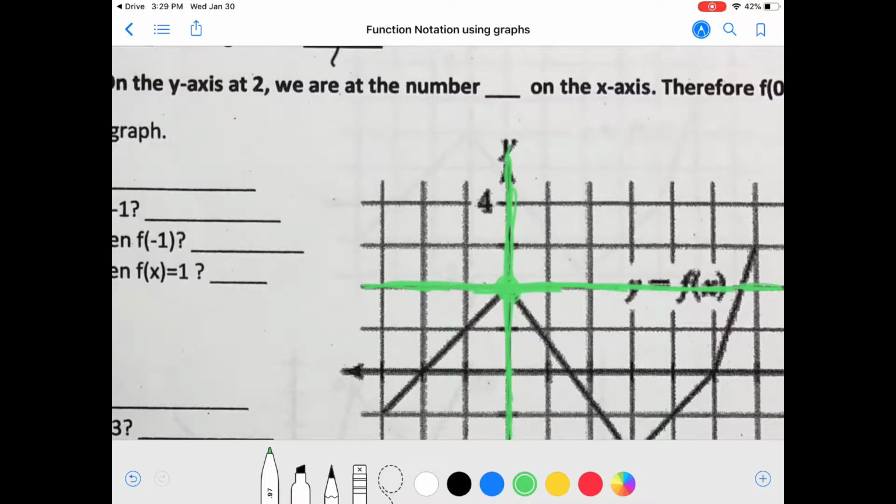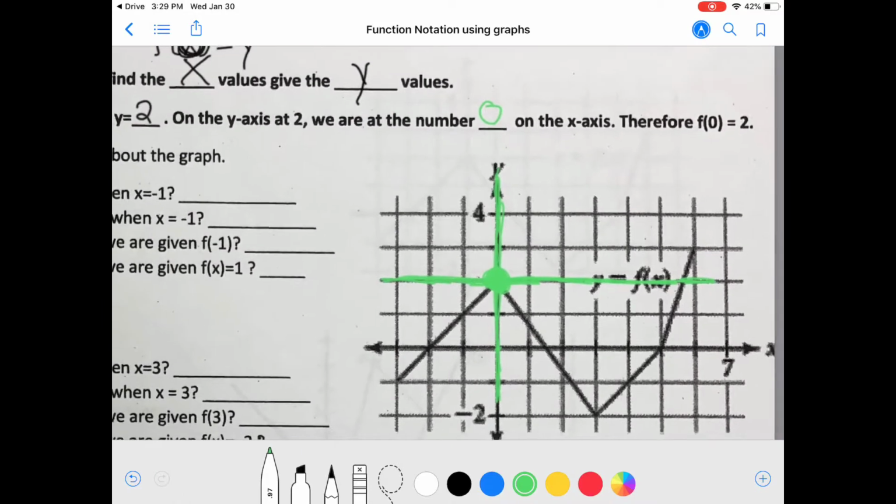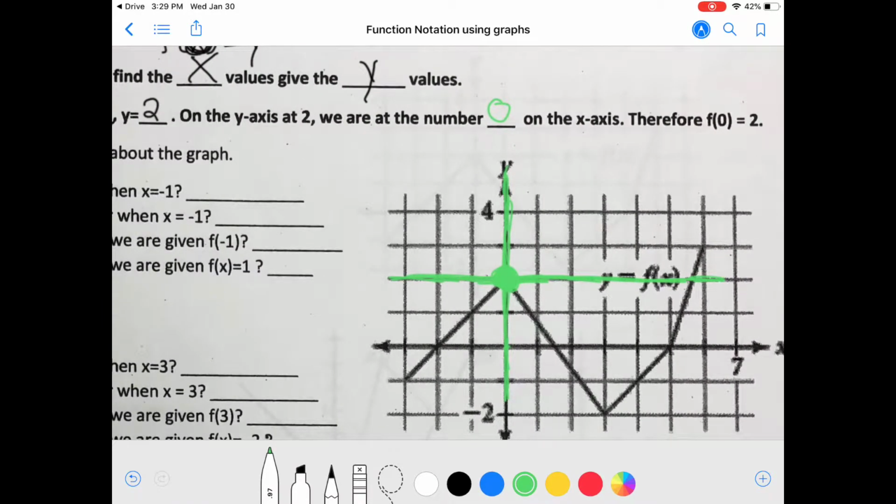It's right here. That's the only time that it crosses it, besides over here, but we're not going to worry about that. We're only going to worry about this one. So we're at the number 0 on the x-axis. Therefore, f of 0, or y, equals 2 when our x is 0.